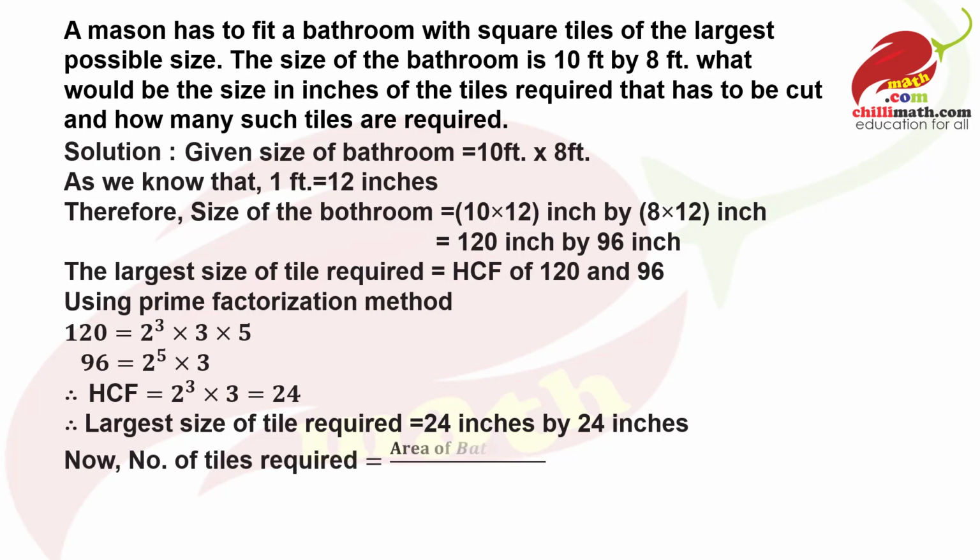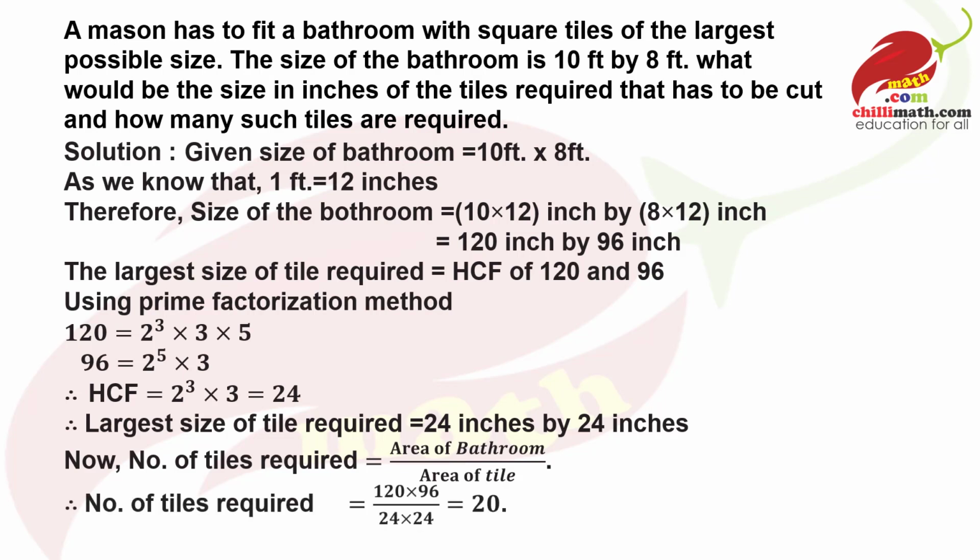Now, number of tiles required is equal to area of bathroom divided by area of a tile. Therefore number of tiles required equals 120 into 96 divided by 24 into 24, that is equal to 20. Therefore, number of tiles required equals 20.